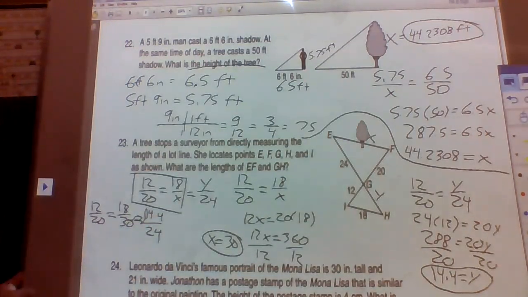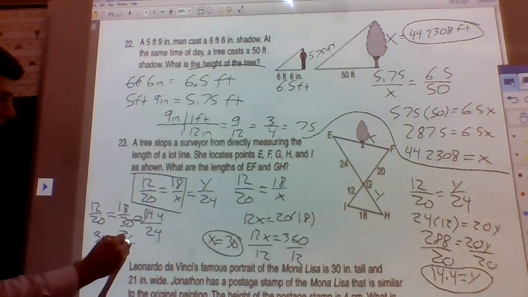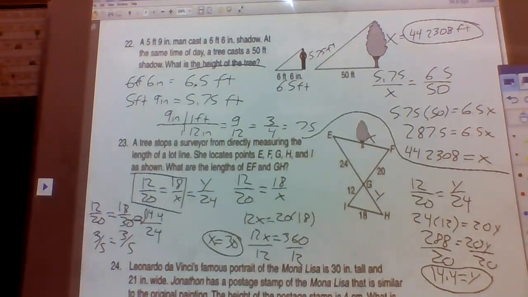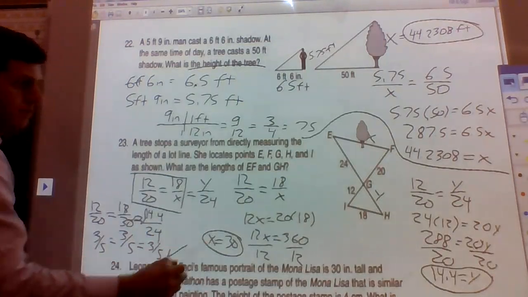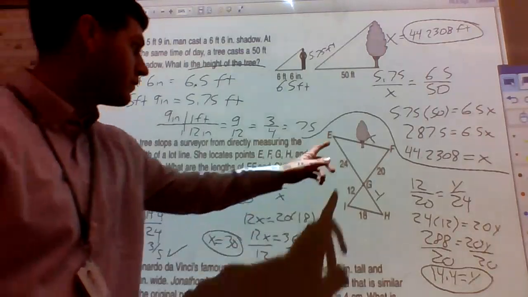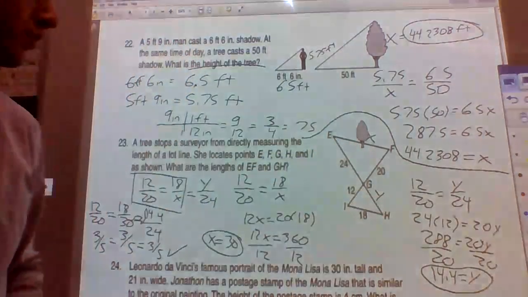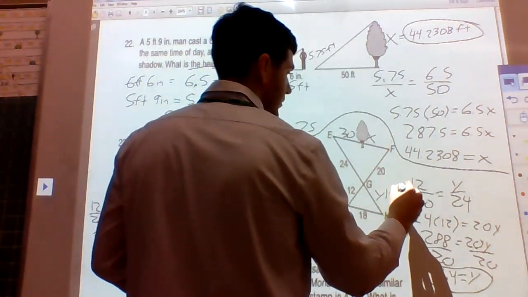Okay, that's going to be 3/5 if you divide both by 6. And then 14.4 divided by 24 is 0.6, which is 3/5. Okay, so we know we have the right answers here. So lengths of EF and GH are 30 and 14.4.